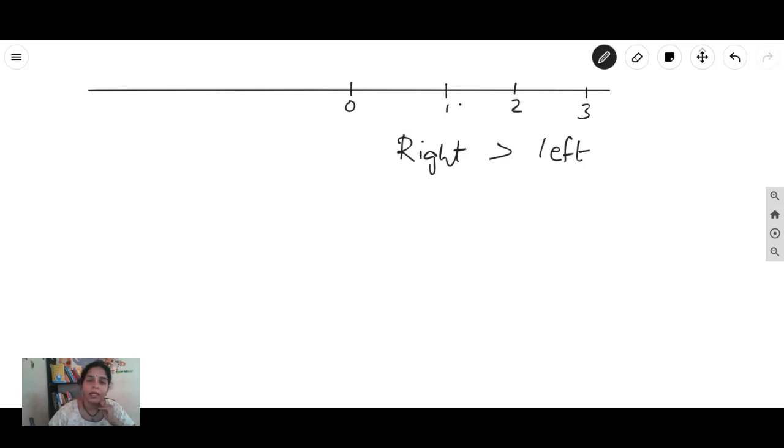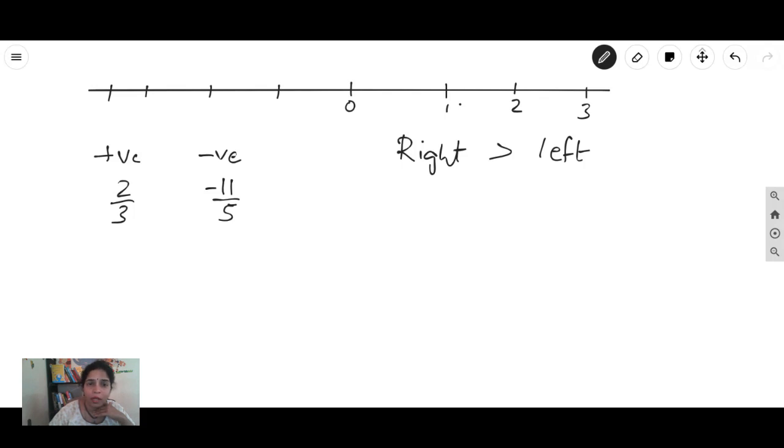Now, if I say two rational numbers are there, one of them a positive rational number and the other a negative rational number, for example, 2 over 3 and minus 11 over 5. Of course, 11 and 5 are greater in value compared to 2 and 3. But all the negative numbers, let it be negative integers or negative rational numbers, are going to be on the left side, correct?